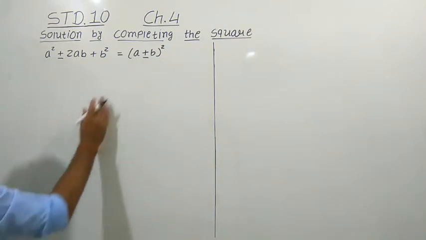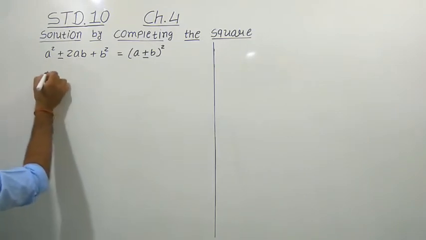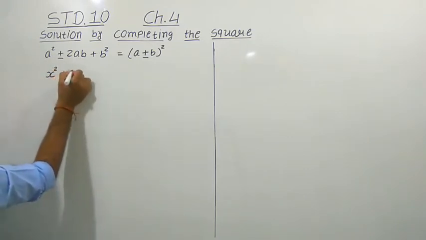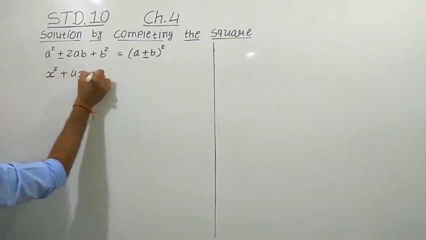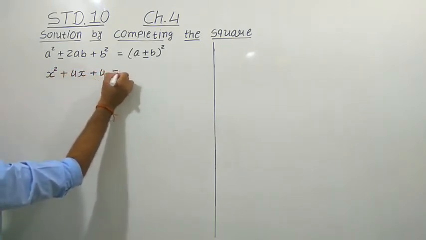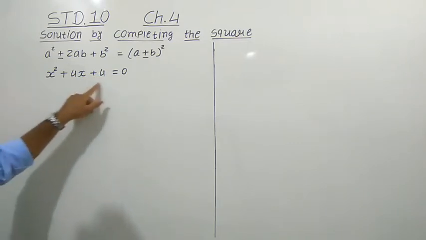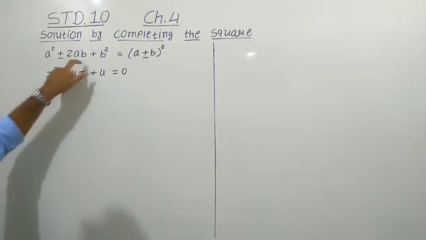Let us consider one example. If we have the quadratic equation x square plus 4x plus 4 is equal to 0. This is a quadratic equation with variable x. X raised to power 2 is there. So we know that we can arrange this quadratic equation in this form, right?